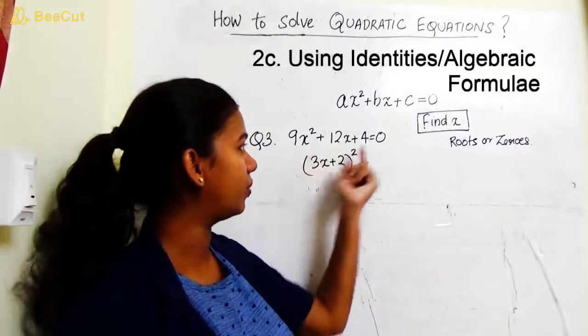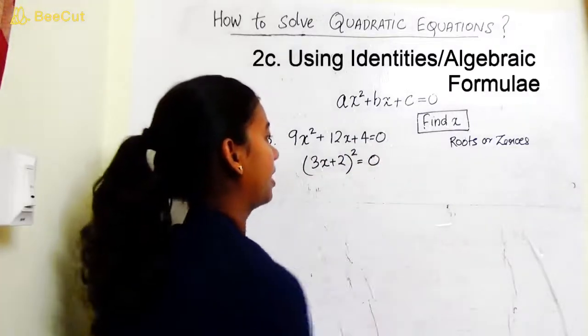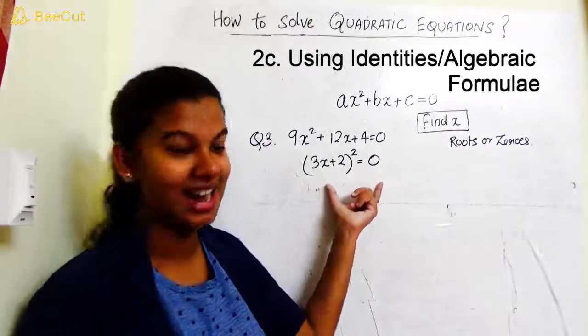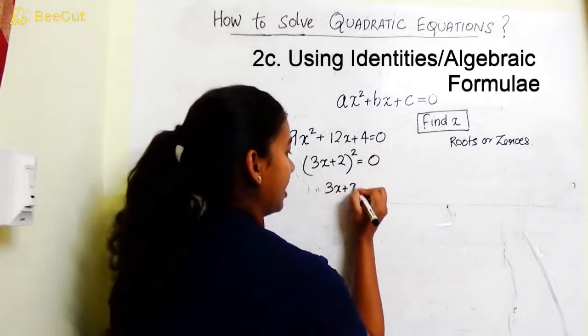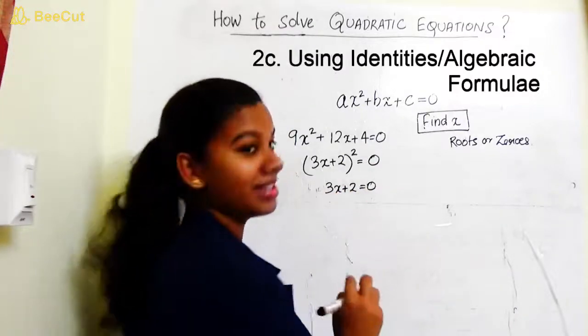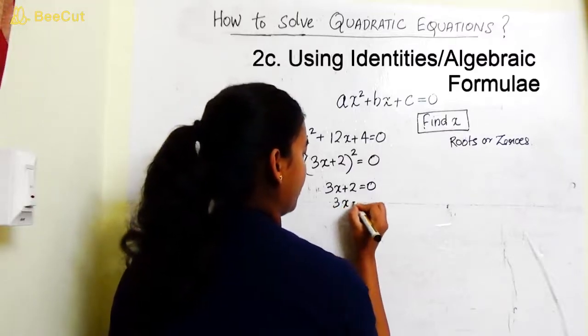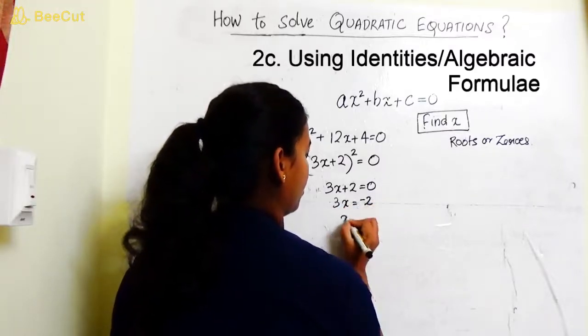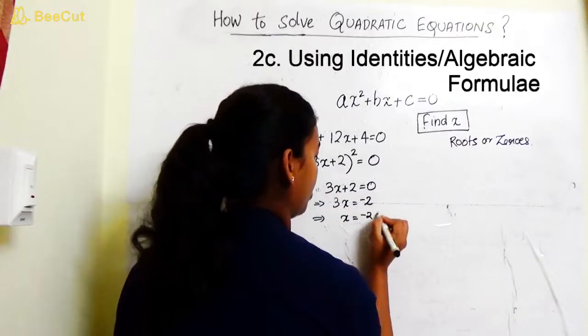So this value I am going to equate to 0. So from this I can understand that 3x plus 2 equal to 0, that is 3x equal to minus 2, that is x equal to minus 2 by 3.